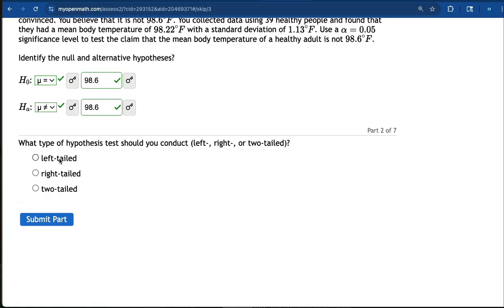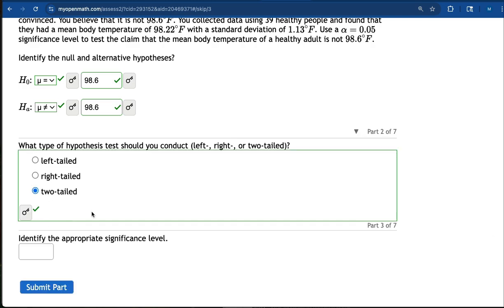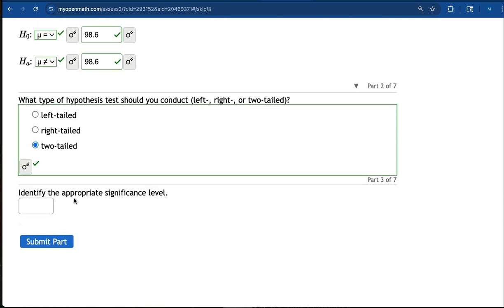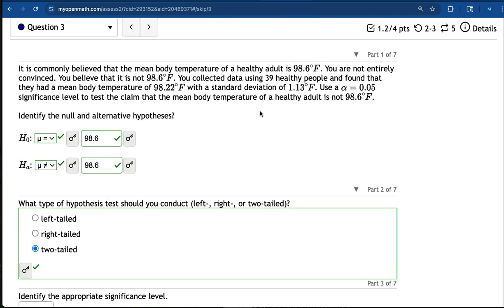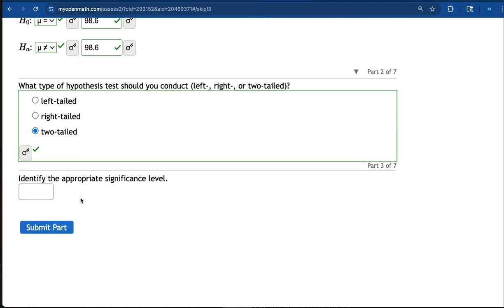Left goes with less, which means that right goes with greater. So left is less, right is greater, and because we have a not equal to, it is a two-tailed test. So a two-tailed test means not equal to. Identify the appropriate significance level. That is our alpha equals 0.05. So I'm just going to type that in.